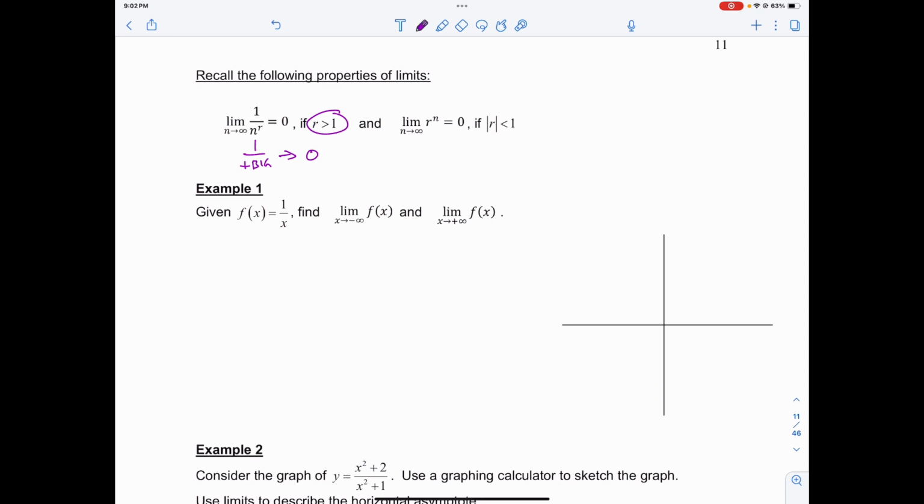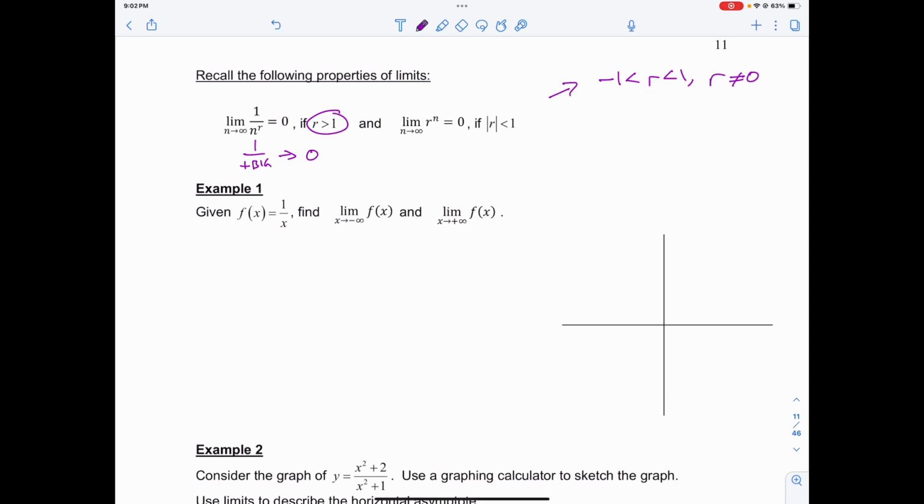We also know that the limit as n approaches positive infinity for r to the power of n is going to equal 0 if the absolute value of r is less than 1, or if negative 1 is less than r, which is less than 1, knowing that r cannot equal 0.